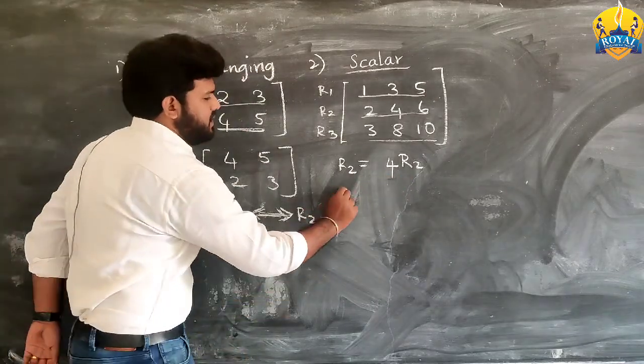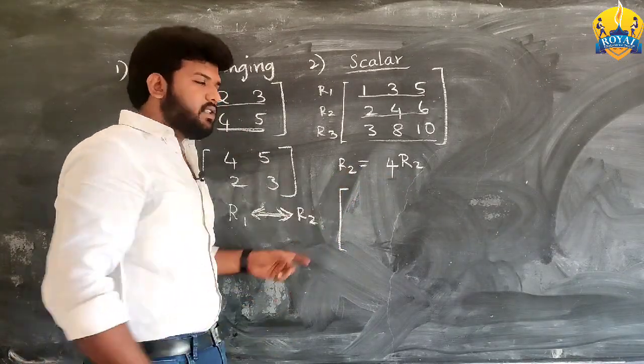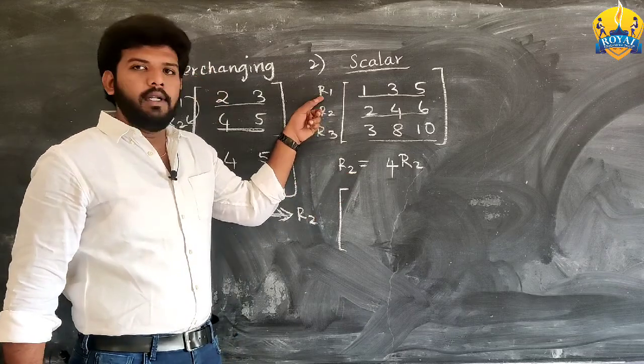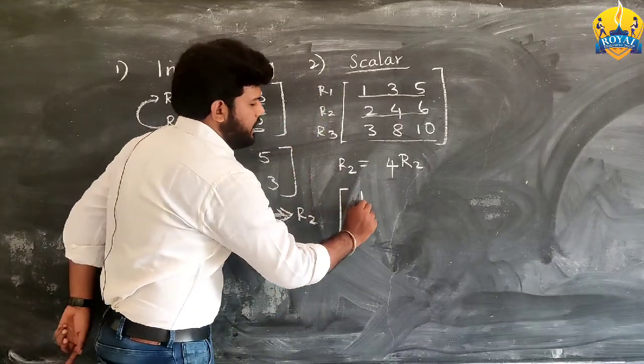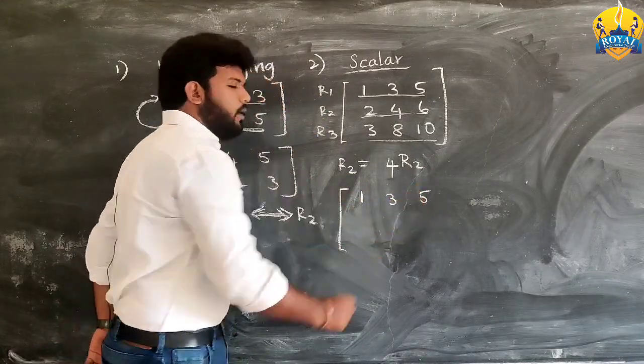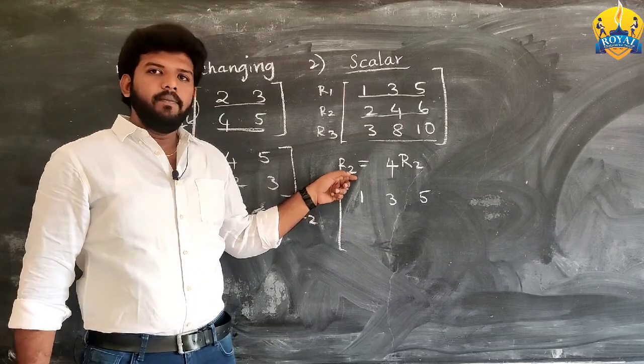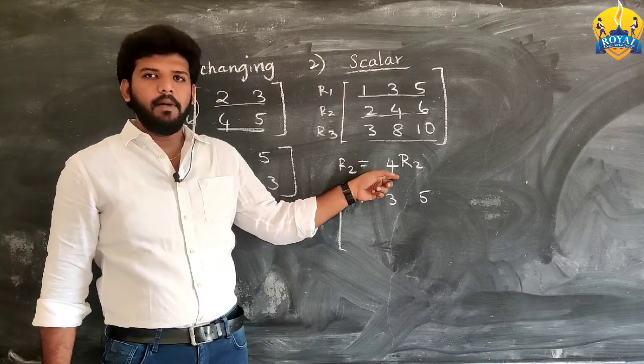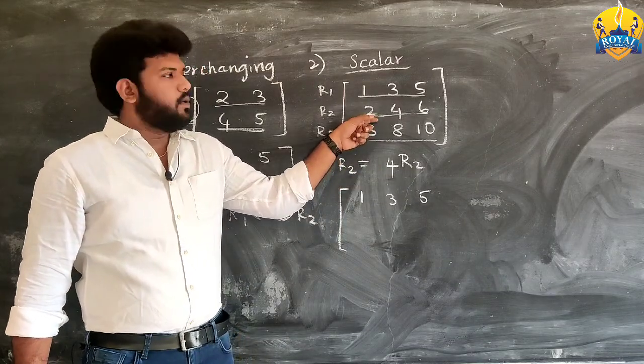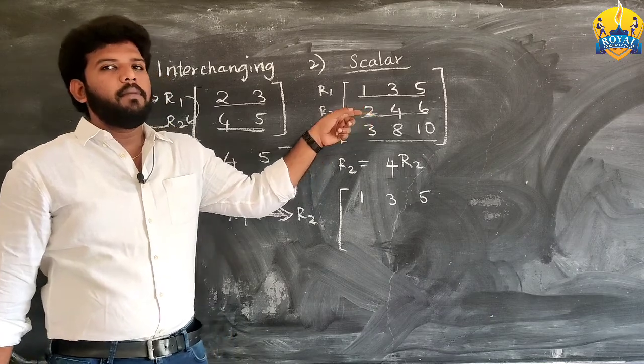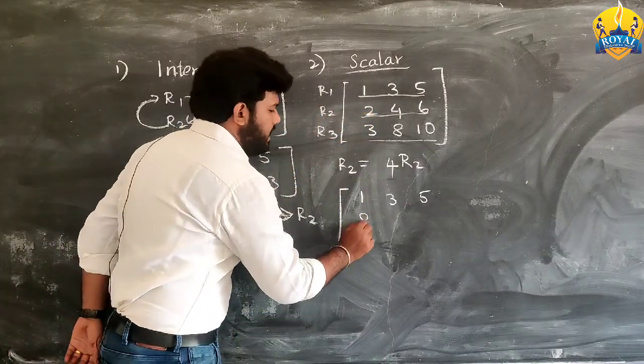Let us see how it changes. I am going to transform only R2, so R1 doesn't change and remains 1, 3, 5. R2 is multiplied by 4. The first number in R2 is 2, which becomes 8.